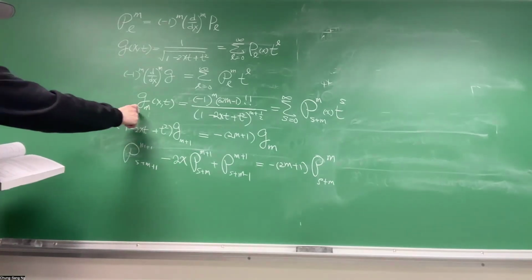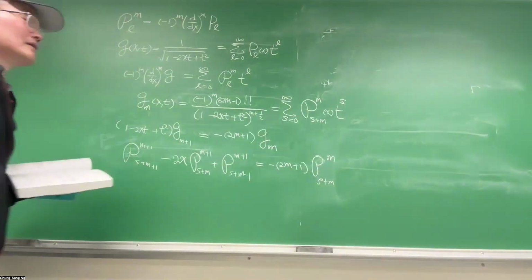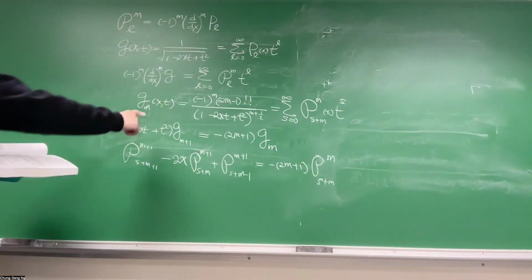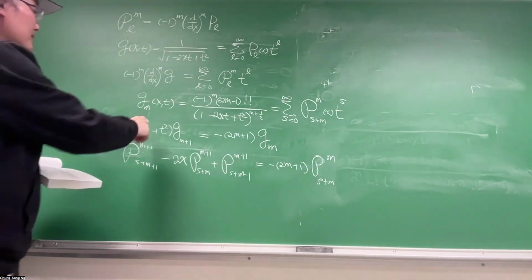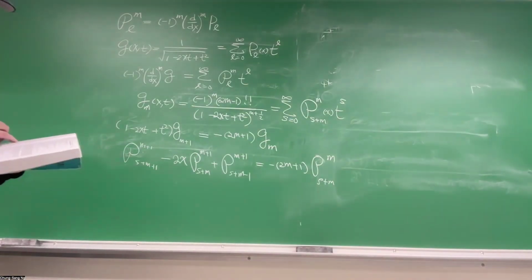And the x derivative will get the recurrence formula involving the derivative of the associated Legendre polynomial. The other, taking a t derivative, is just shifting the subscript, right?